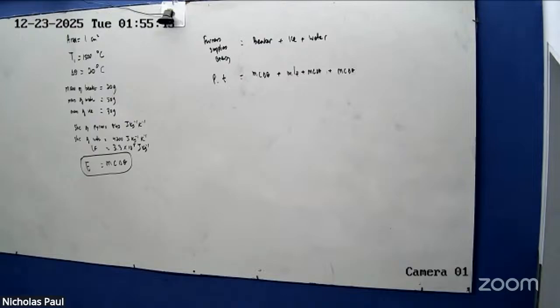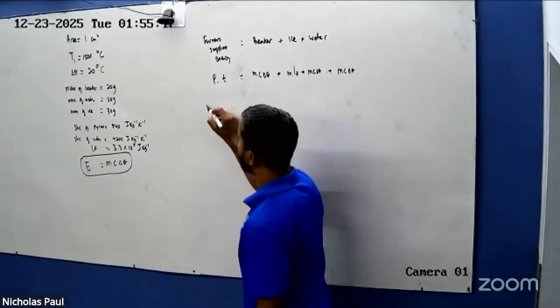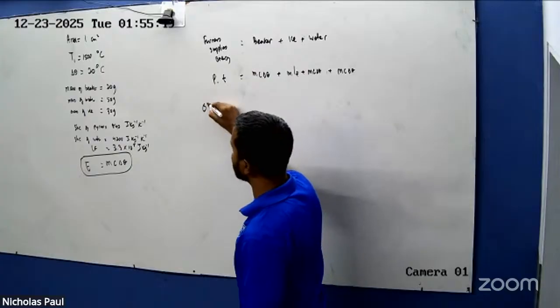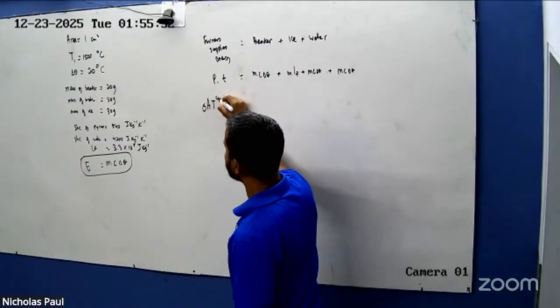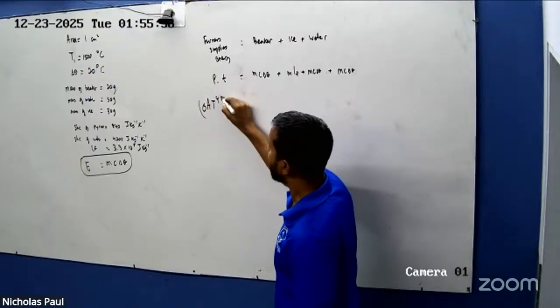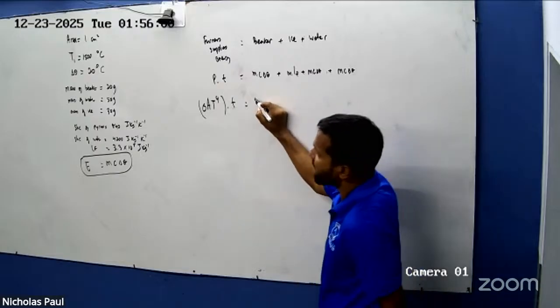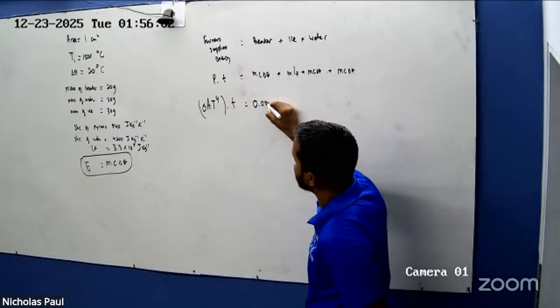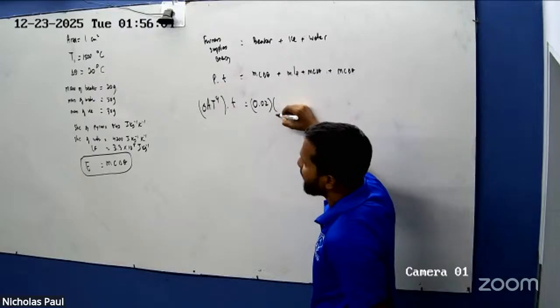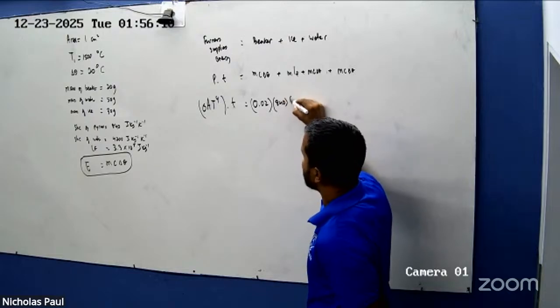So what are you using to find power? Stefan's constant by area by T to the power of 4, right? And then we need to find T, right? The mass of the beaker is 0.02 by the 840, the temperature change is how much? 20.